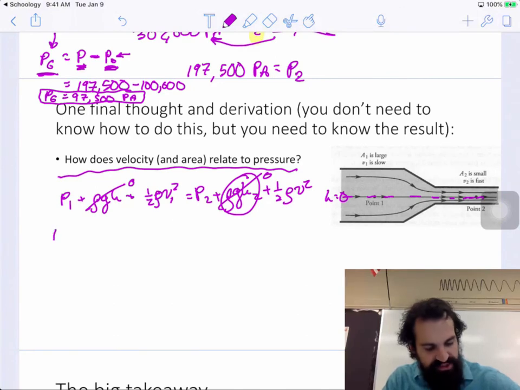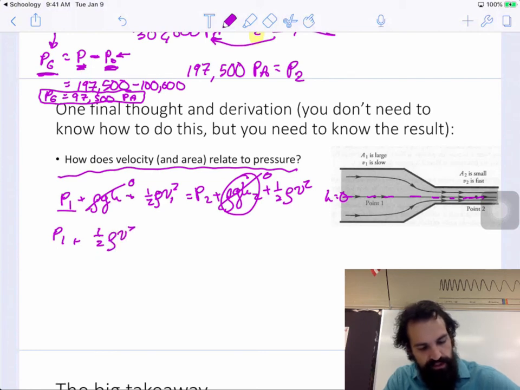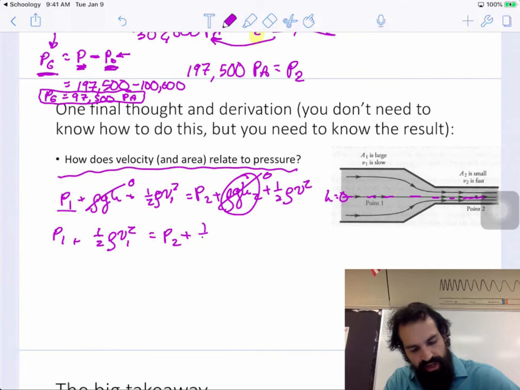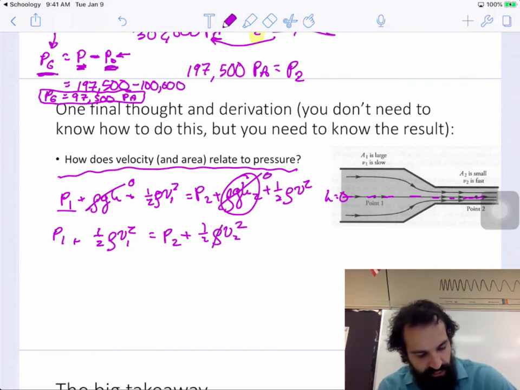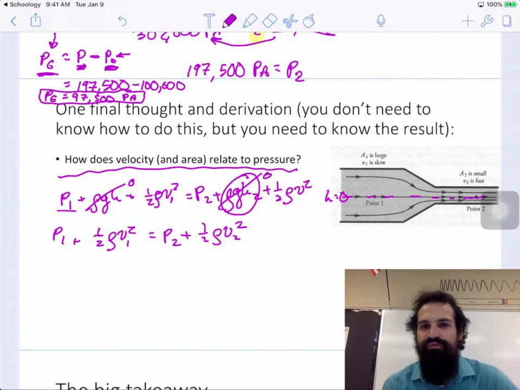But those both collapse to 0, and now we're left with the pressure at 1 plus 1/2 rho v squared at 1 equals pressure 2 plus 1/2 rho v squared at 2. Well, the density of the fluid doesn't change, so it's not going to affect anything.